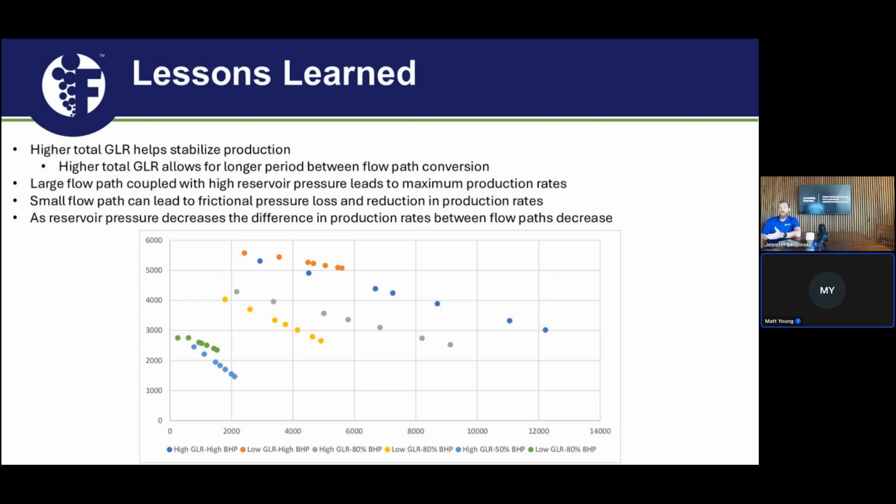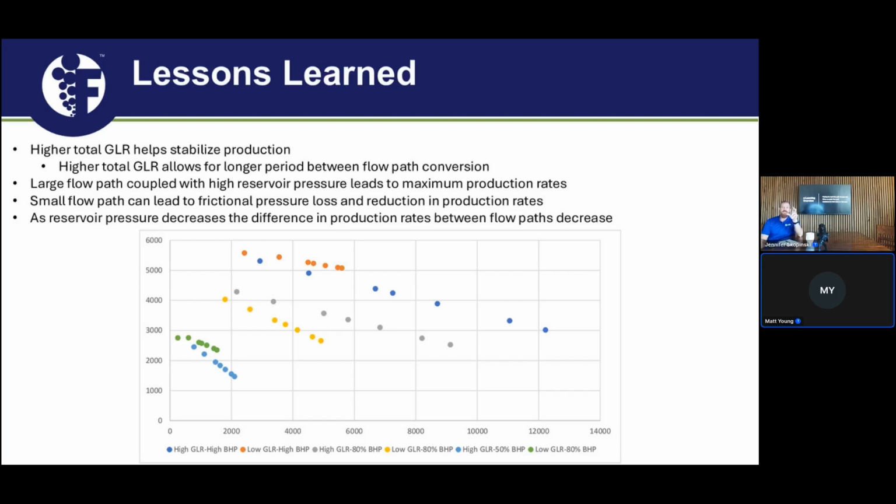Other things that we found, of course, as your reservoir pressure decreases, your production rates are going to change, and we need to really size our flow areas based off of those production rate changes and our reservoir pressure change. And so that's what we kind of illustrated here in our scatter plot, is different flow characteristics in terms of reservoir pressure and GLR.